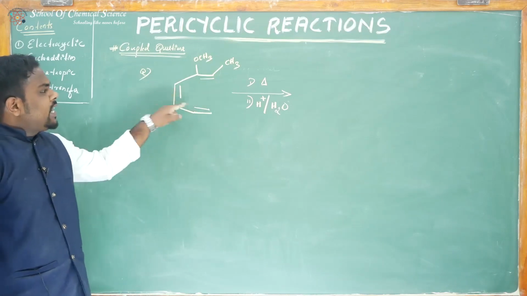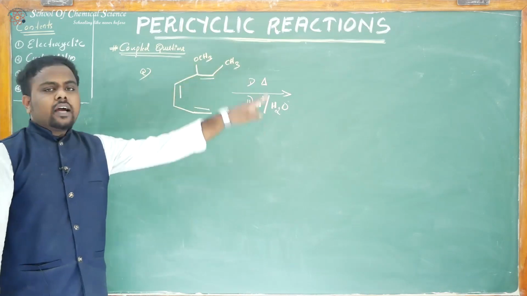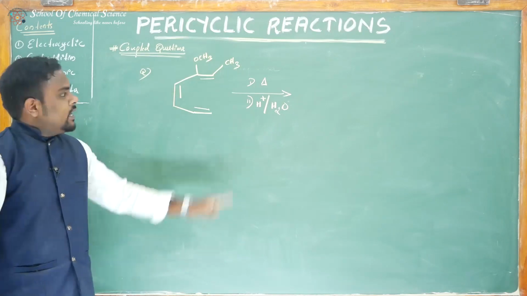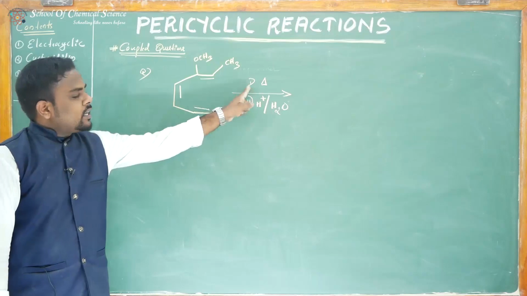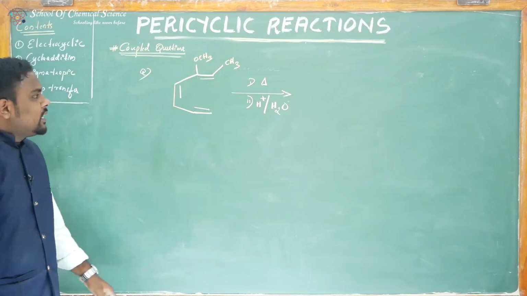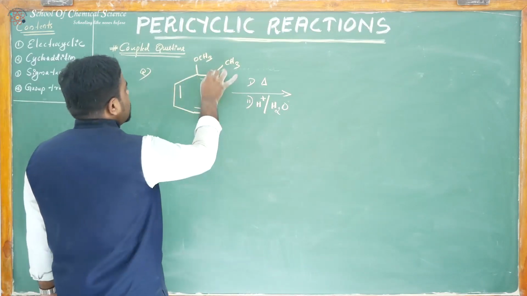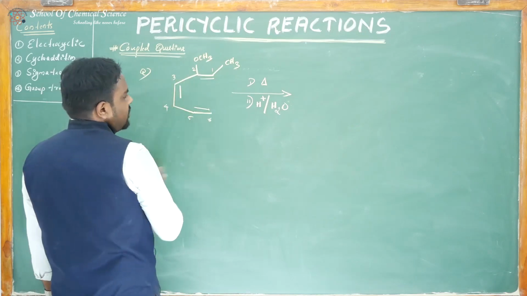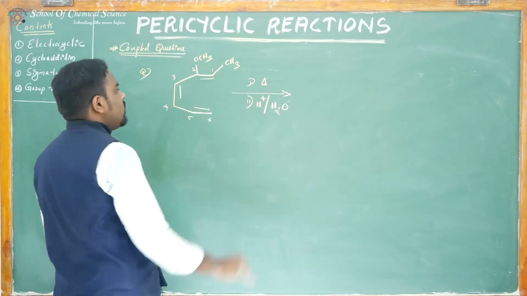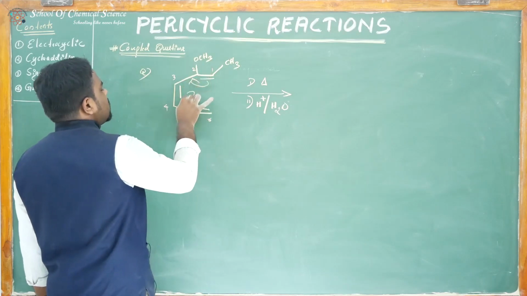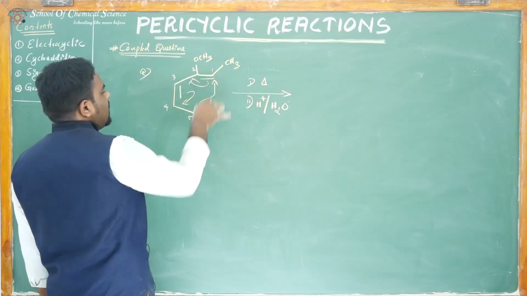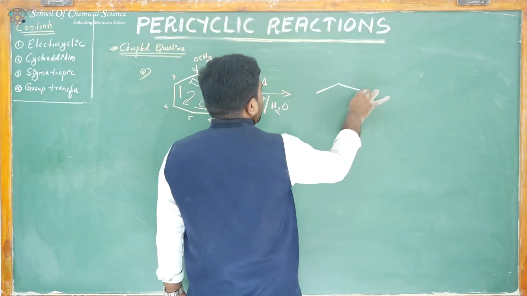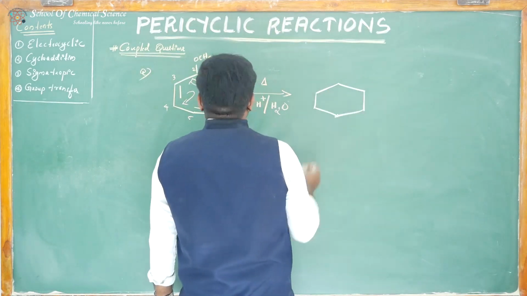This is a conjugated polyene, and under thermal condition, definitely an electrocyclization reaction. So carbons 1, 2, 3, 4, 5, 6, six pi electrons are involved in the cyclization process. A new sigma bond is formed between the first and the sixth carbon. So a 6-membered ring is formed.